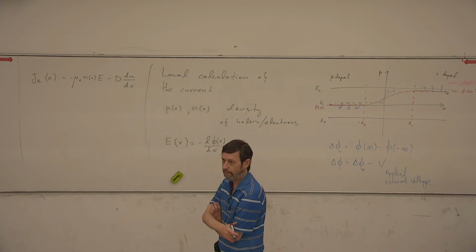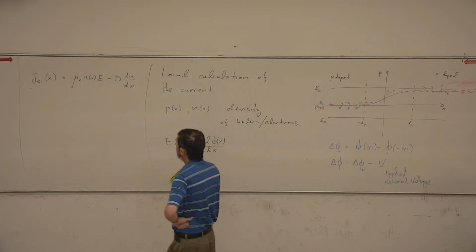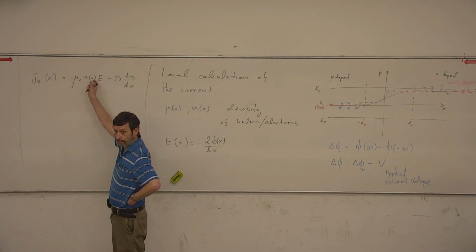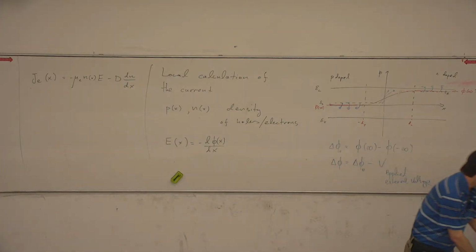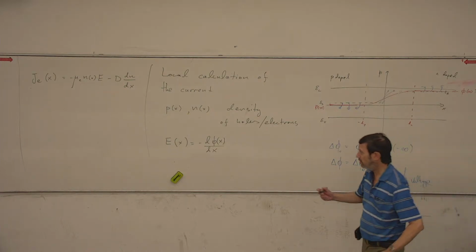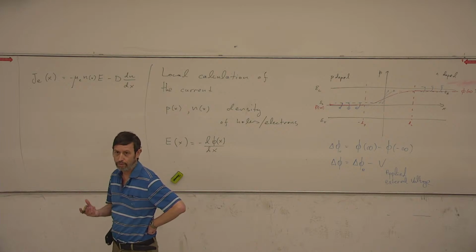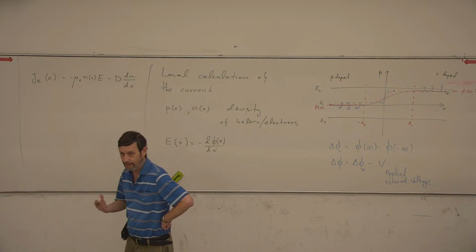What did I write here? One term is just the influence of the electric field. In a moment we'll see what this mu is. It's known as mobility. When we're talking with physicists, but with engineers even more, mobility is a property of the material. In a moment we'll see how it's connected to the conductivity or resistivity of the material.